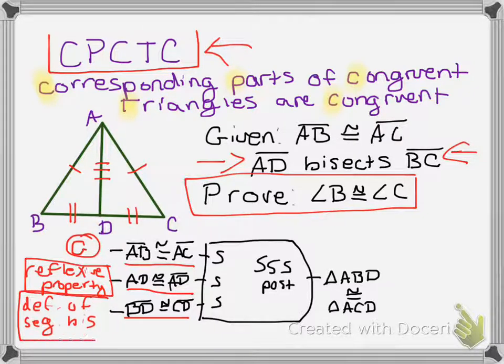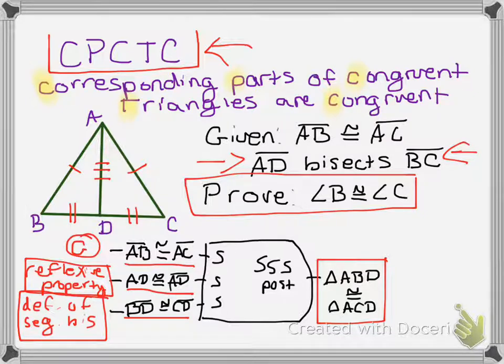I've already put over here that once we know those pieces of information, we can definitively say that triangle ABD is congruent to triangle ACD. But that's not what we're asked to prove. So that means we are not done.